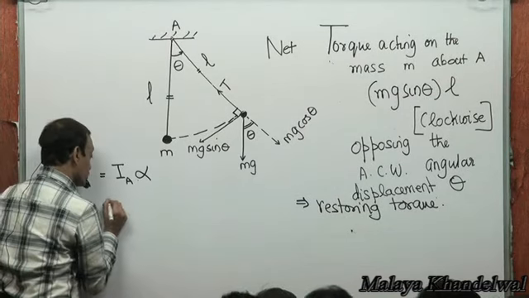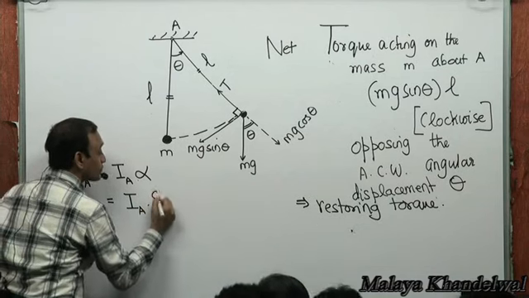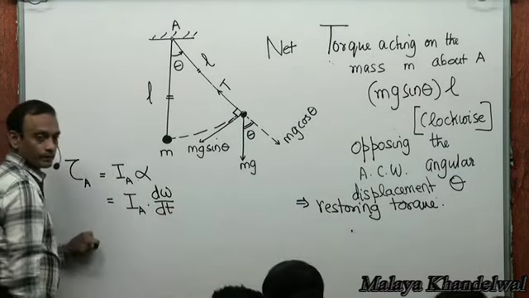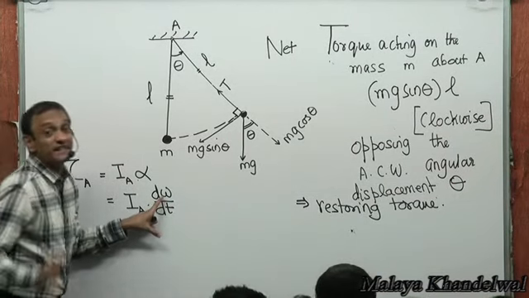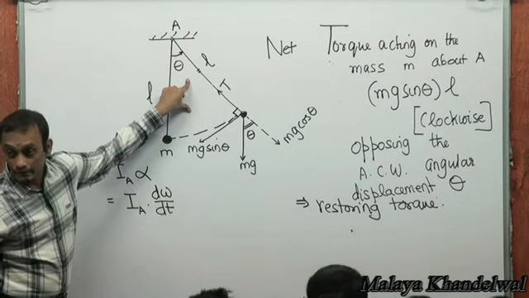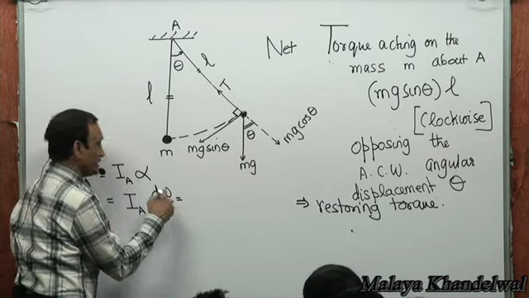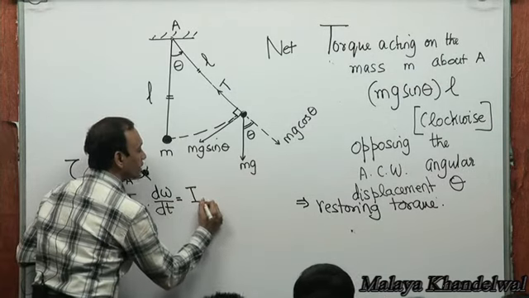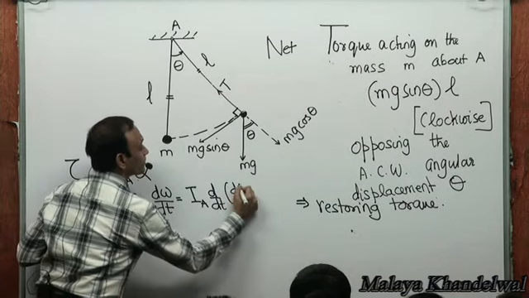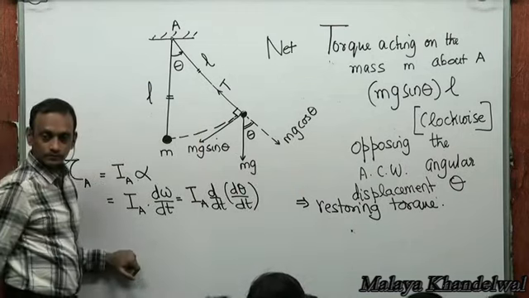But angular acceleration alpha is the rate of change of angular velocity, and omega itself is d theta dt. So if I write omega as d theta dt, this is going to be I about A into d dt of d theta dt, right?